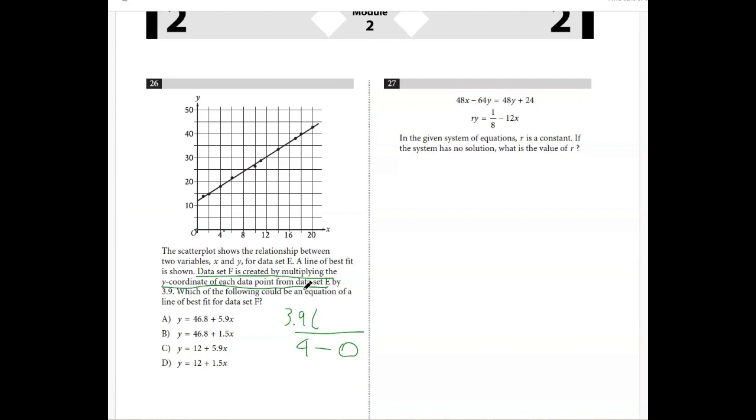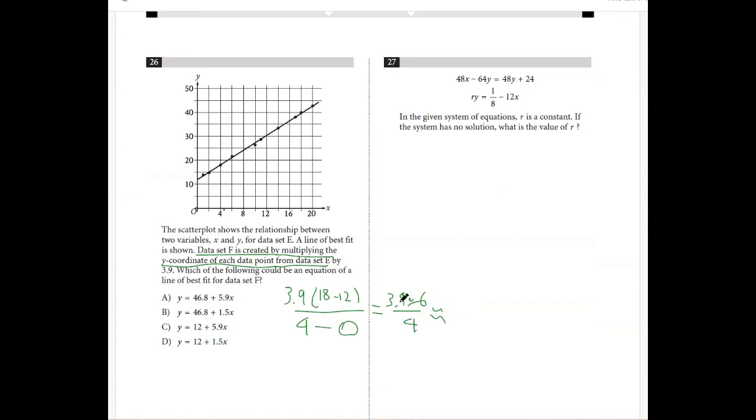So we have something like, what's this value here? I'll assume probably 18-ish. And this should be like 12. It's 3.9 times 6 over 4. So this should give you approximately 6.